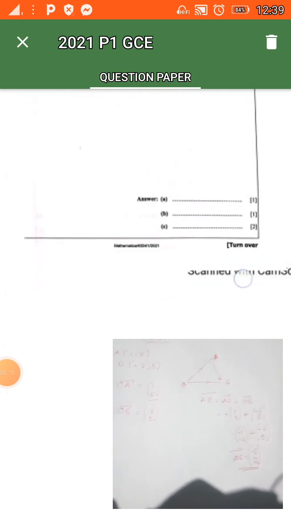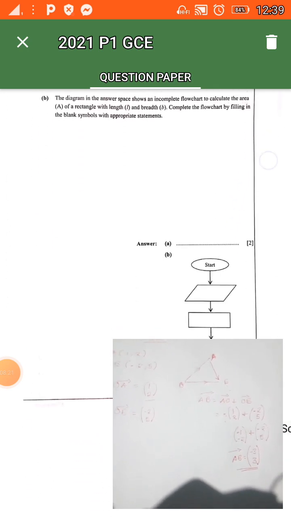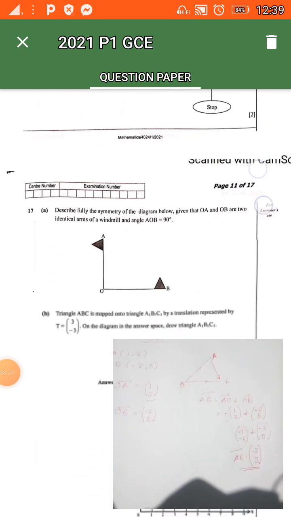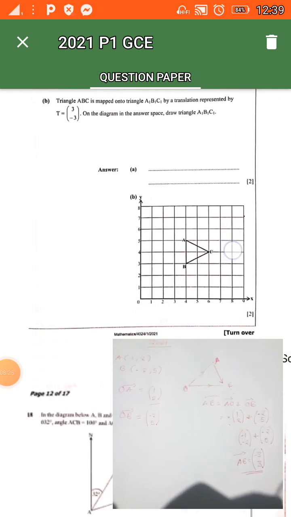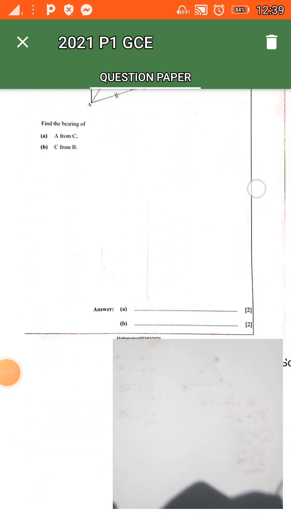Let's go to the GCE question. The vector questions are simple. You just have to get the concept, especially for the ones in paper 1. If you get them correct, then those in paper 2 are going to be much easier for you.